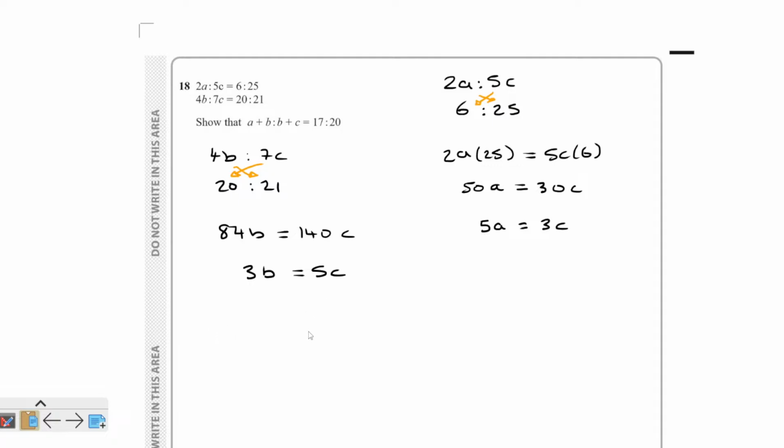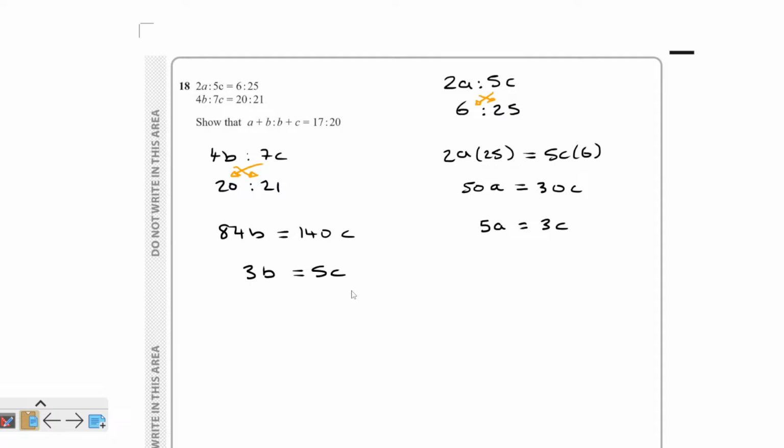Then what we can do is undo that and put it back into ratios.